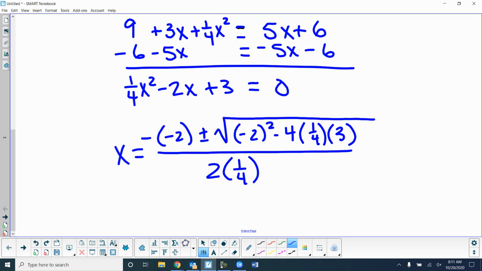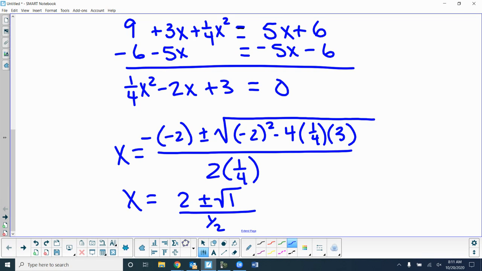All right, so that gives me 2 plus or minus, and this is 2/4 or 1/2. And then I got 4 times the 4th is 1, negative 1, because it's minus 4, times 3 is negative 3. So positive 4 minus 3, you get the square root of 1.